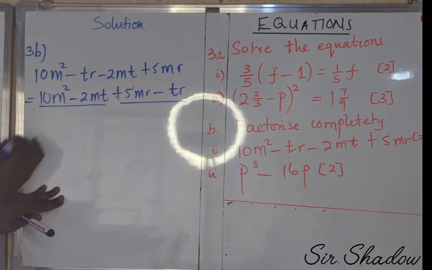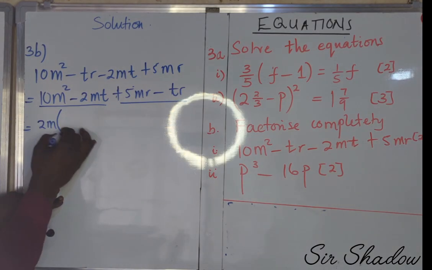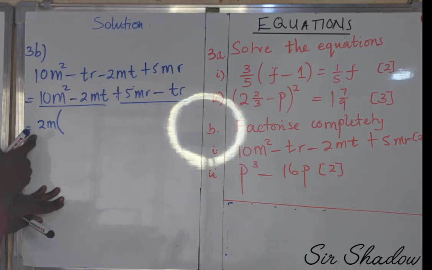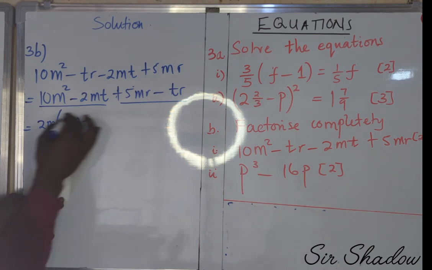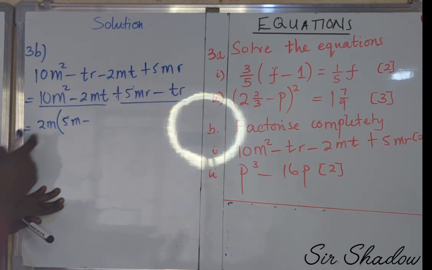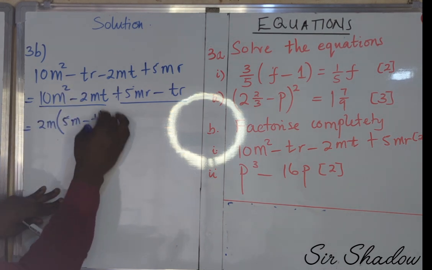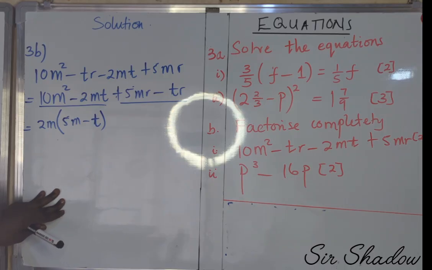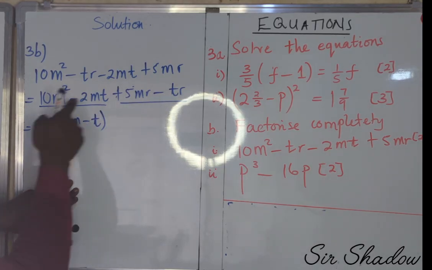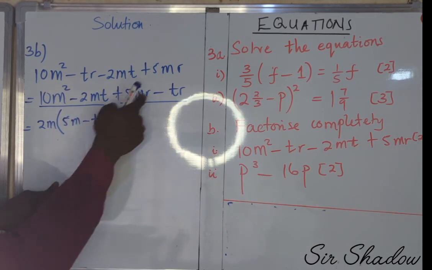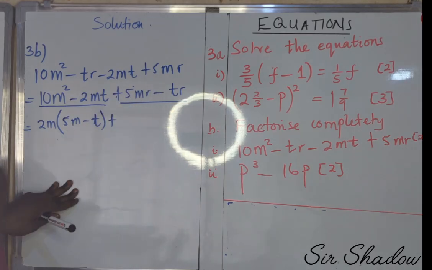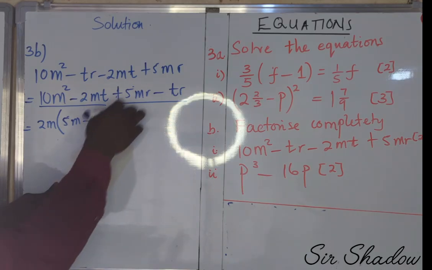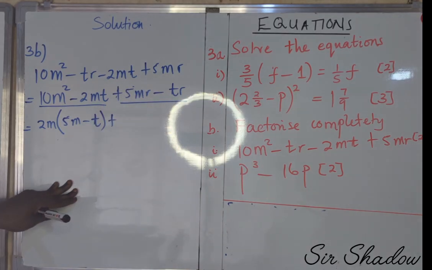Now factor out what is common here, which is 2m. So remember 10 divided by 2 is 5, m squared divided by m is m, minus 2 divided by 2 is 1, m we cancel m, we are left with t. Close this. According to this, remember there's a negative here, there's a negative here. So I have to maintain this negative. For me to maintain this negative, we have to put a positive here, so that a positive times this negative still maintains the same negative.